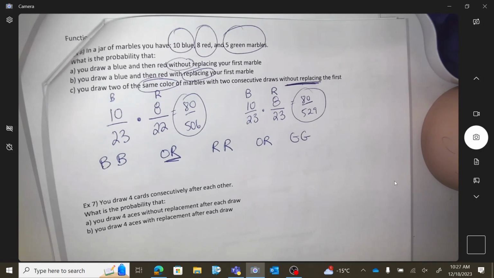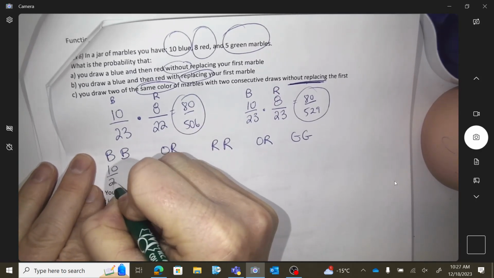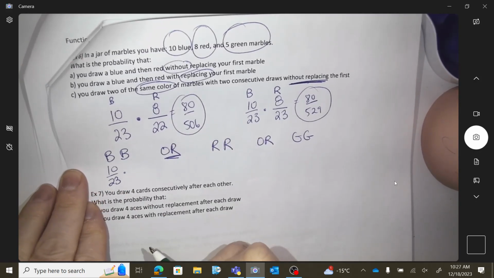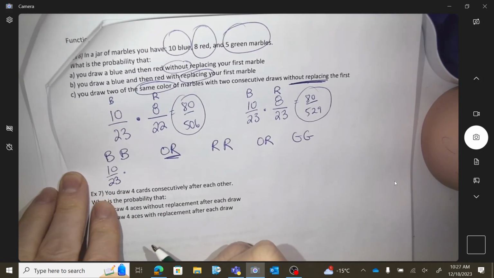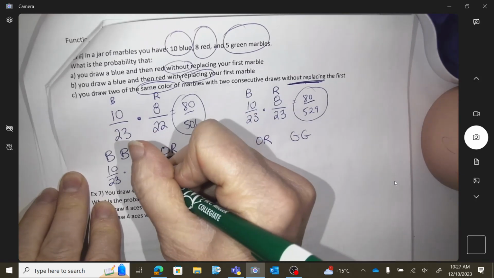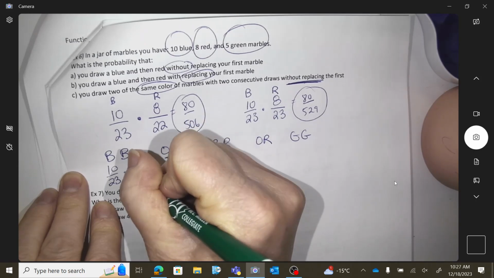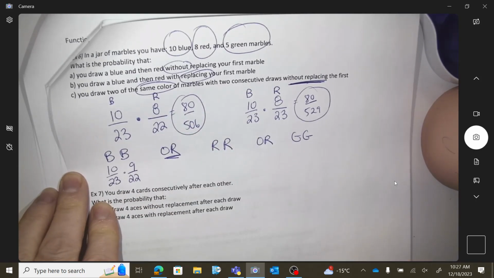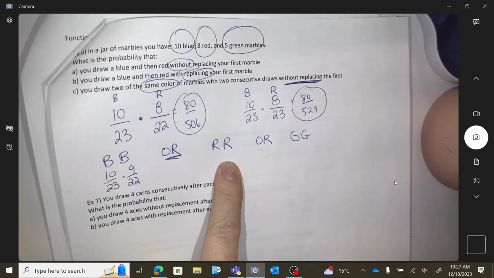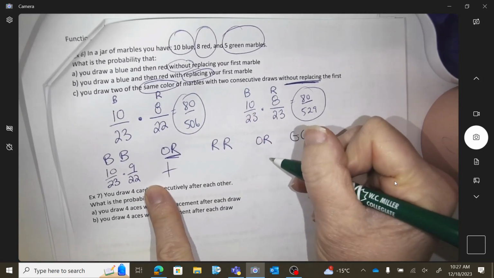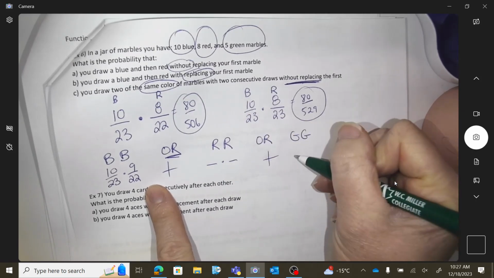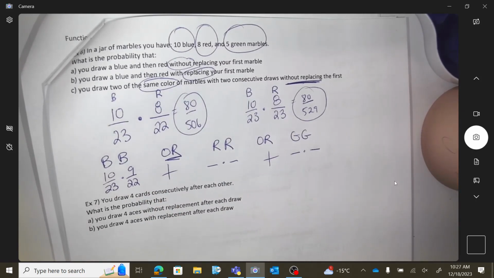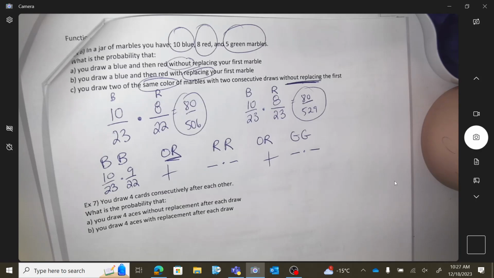Okay, so blue is 10 out of the 23. And remember, you do not put it back in the bag. And then if you were to get another blue one, it would be 9 out of the 22. Okay, can you keep going? Red, red. You're not putting it back after your first draw.